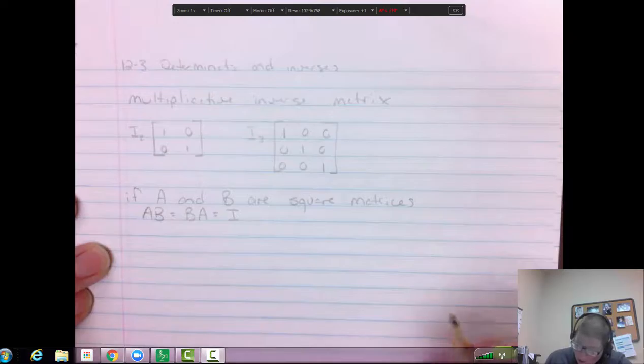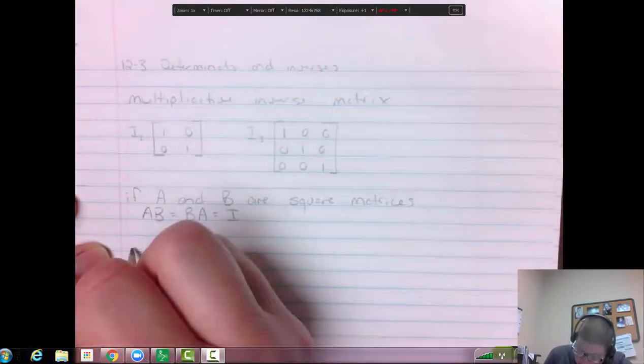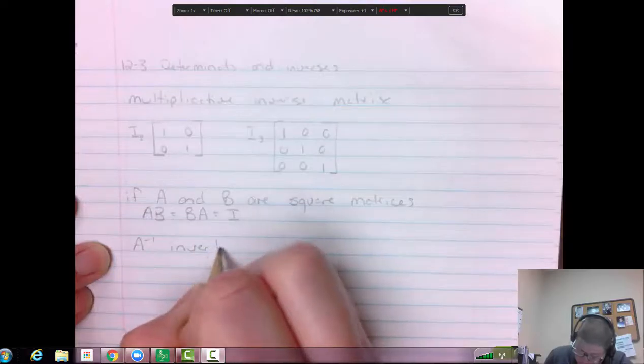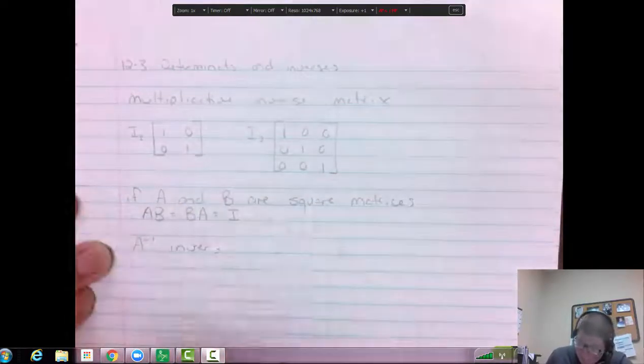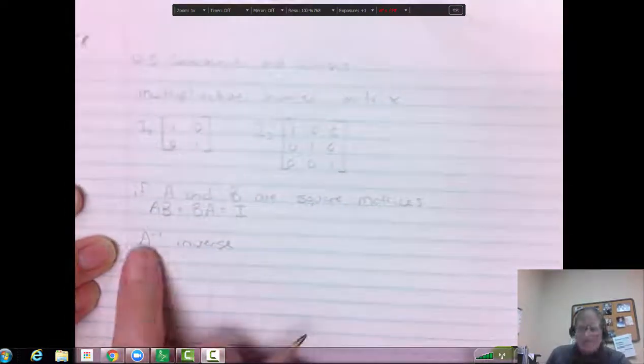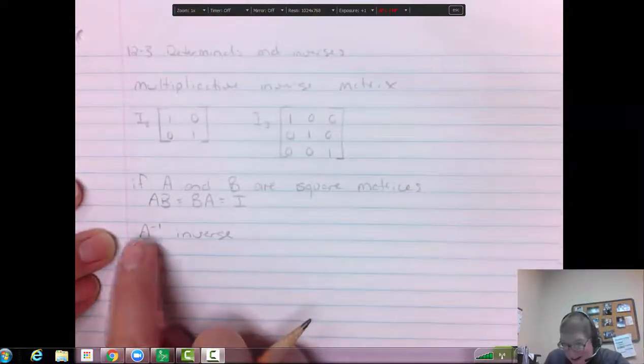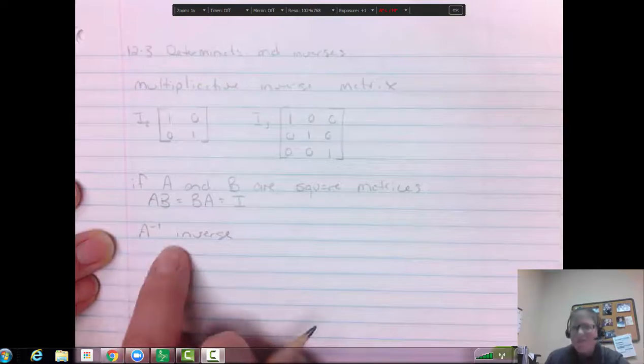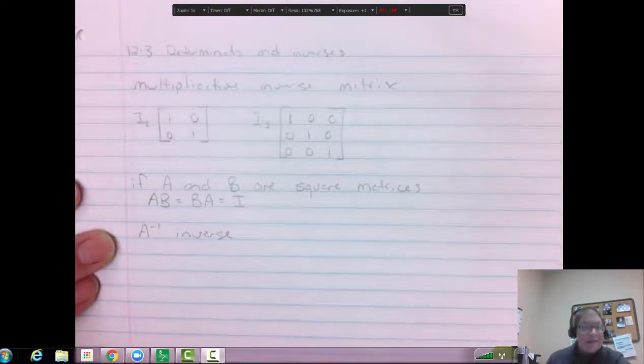We can also call the inverse A with a -1. Sometimes they say find the inverse and they write it like this. If this was matrix A, they would write A^-1. Just know that that symbol means inverse, not to the -1 power, but the actual inverse.